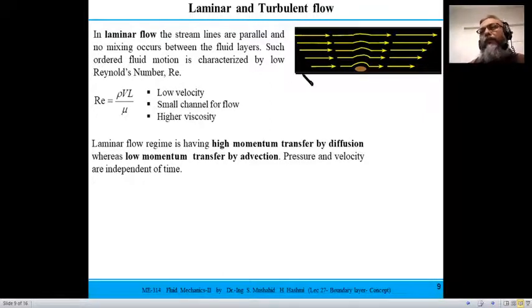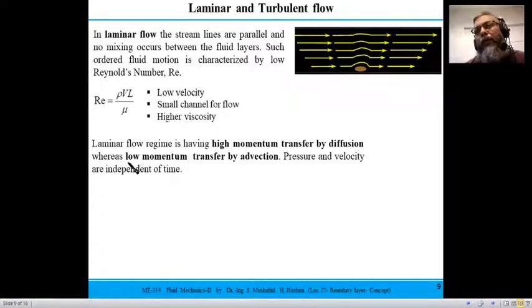That is the important concept: at different positions you have different velocities and different pressures, but at a given location the pressures and velocities are not changing with time, because the fluid flow is accelerating.